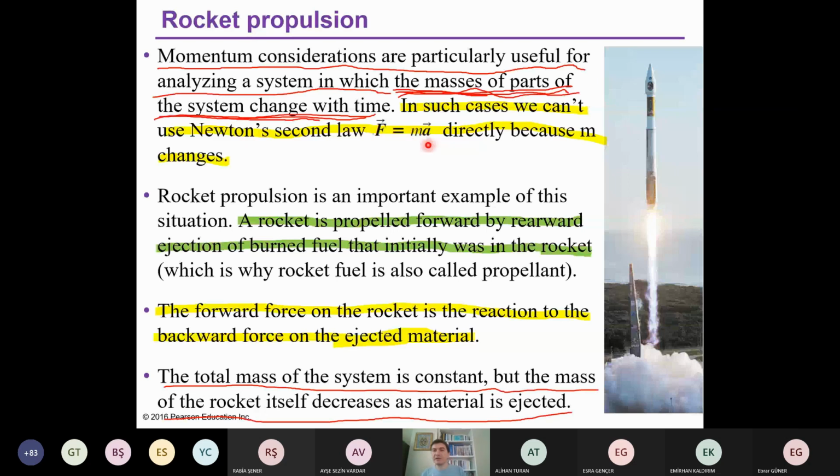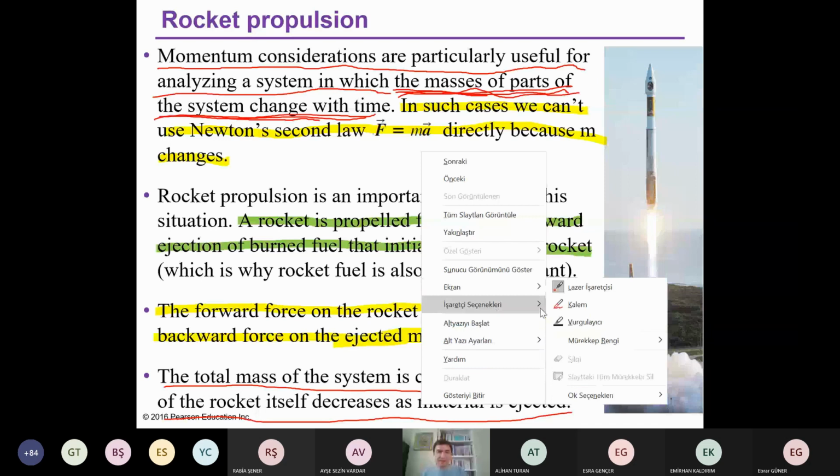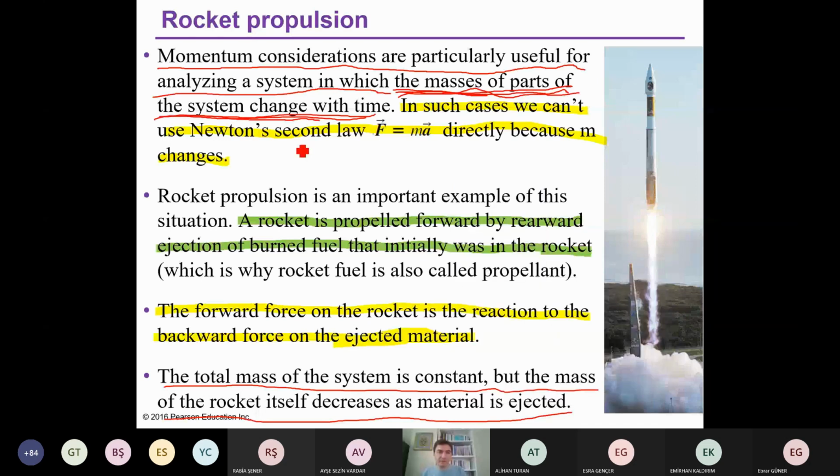Look at this example. On the right side, we have a rocket and it has certain mass. Let me write this one. At the beginning, we have a rocket. This is the payload, and this is the main body, and this is the engine, let's say, okay? So the mass of the payload, mass of the main body, mass of the motors and all other things.